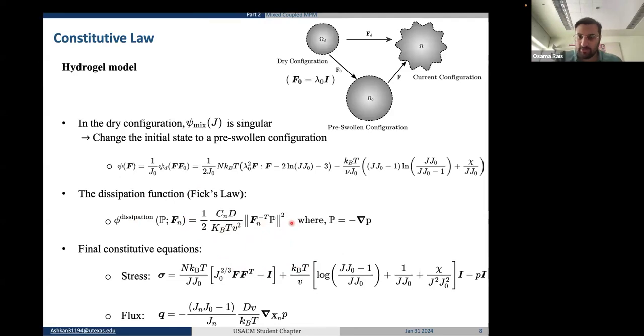Do you have any more questions? Okay, we have another question. Also, how stable is the penalty method that you have used for enforcing the boundary conditions?